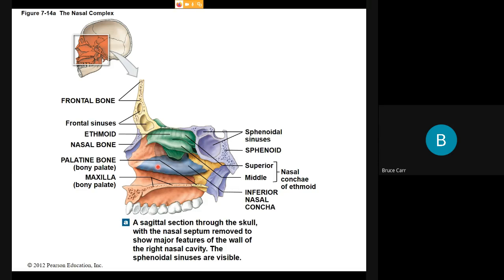That's 9 and 10. In the back, here's that palatine bone we saw from another section, forming a rim around the bony exit from the nasal cavity. So the airway actually comes here and then drops into a soft tissue cavity that we call the pharynx.